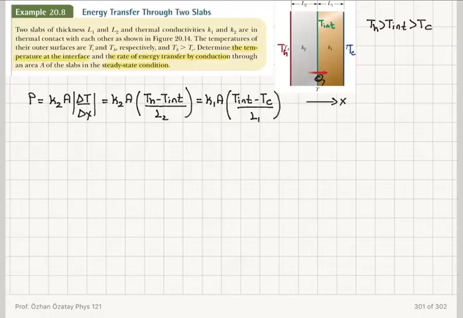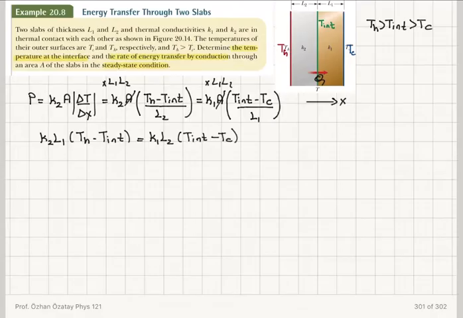So I see that these areas cancel, and if I multiply both sides by L1 L2, basically what I will get is K2 L1 (T hot minus T intermediate) is equal to K1 L2 (T intermediate minus T cold).